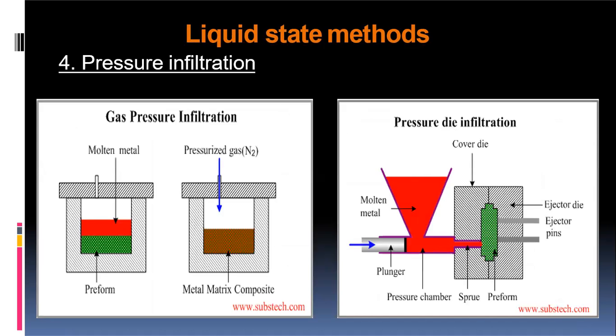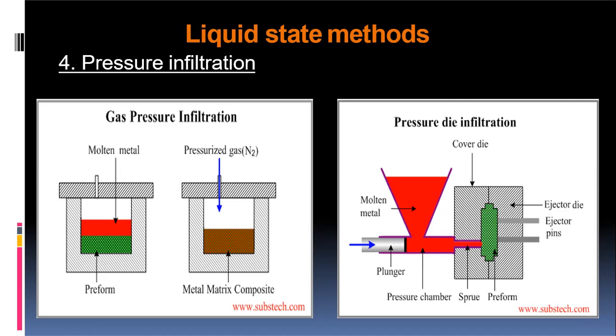Next one is the pressure infiltration method. It consists of two types. First one is the gas pressure infiltration. Second one is the pressure die infiltration.